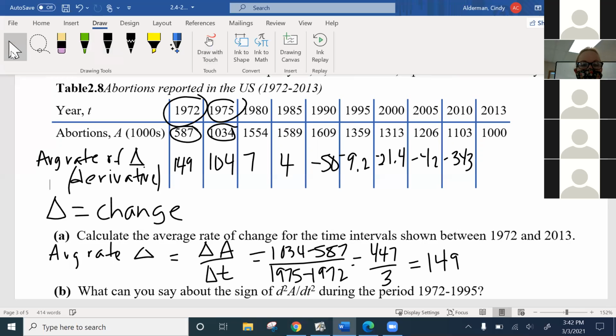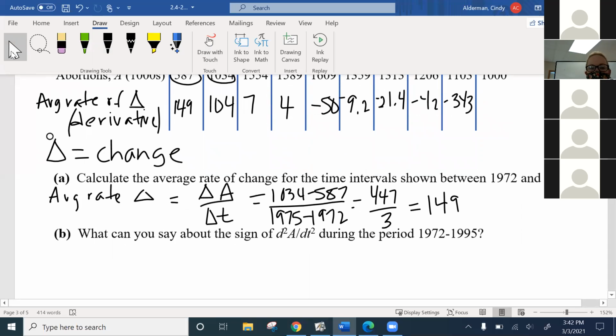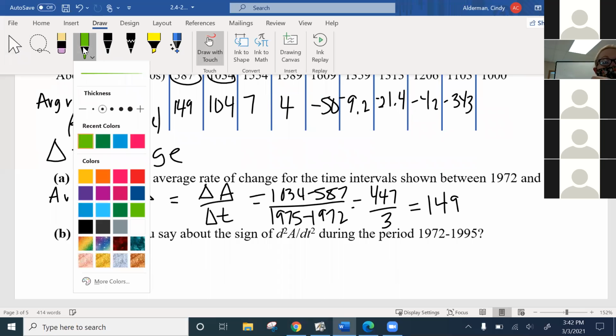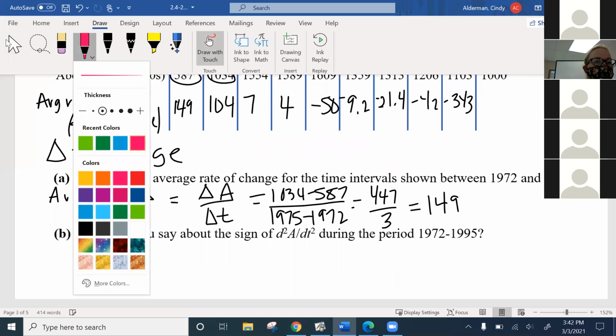Now they want you to look at trends. So what do you think about the sign during the period 1972 to 1995? Now let me tell you what that period is on the graph here.